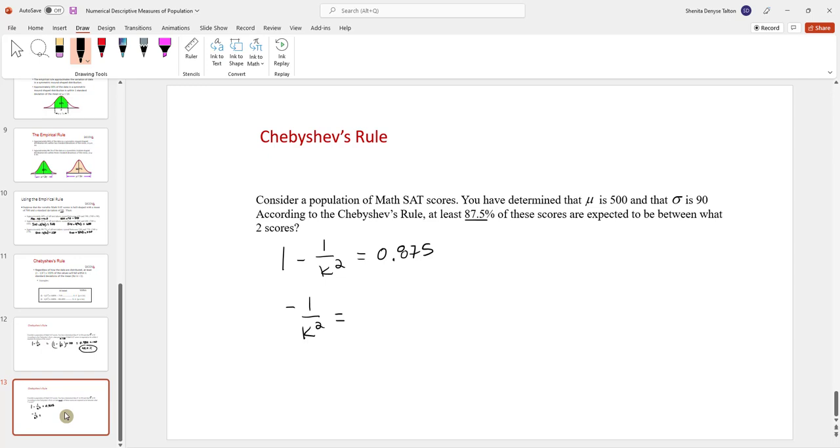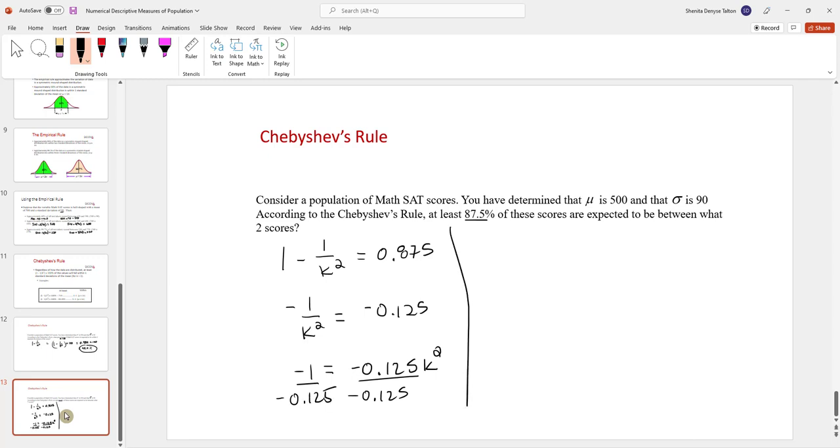So when I subtract 1 from both sides, I end up with a negative 0.125. I'm trying to solve for k. So the next thing I'll do is cross multiply, I end up with negative 0.125 times k squared. To get k squared by itself, I'll divide by 0.125 on both sides. And you should know that a negative over a negative will give you a positive answer.